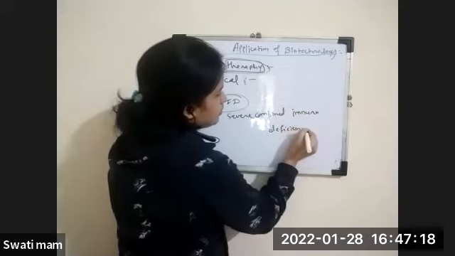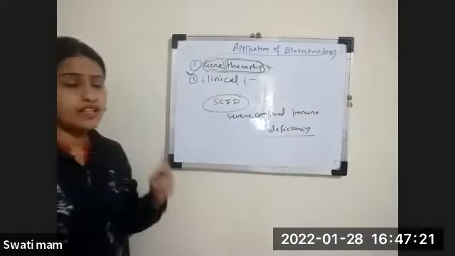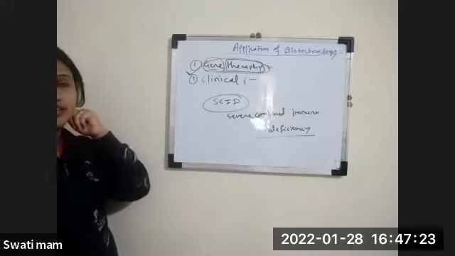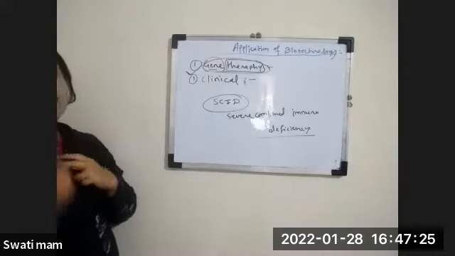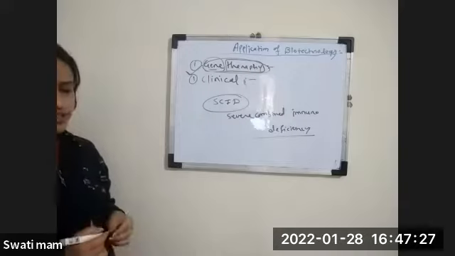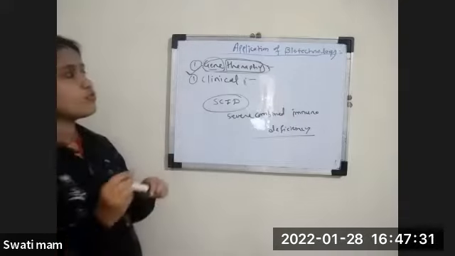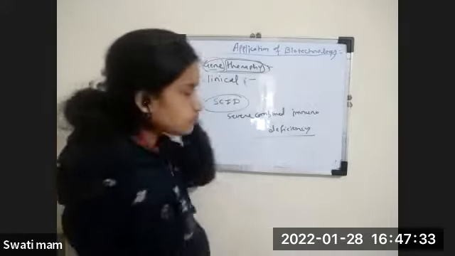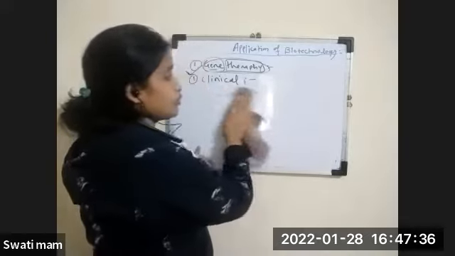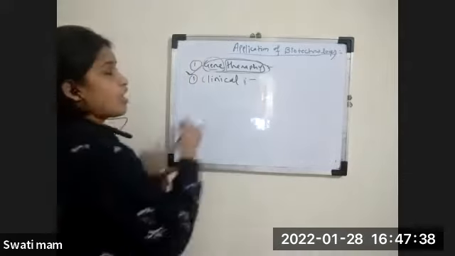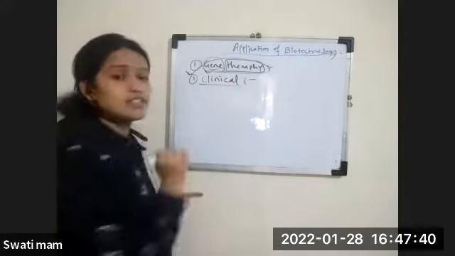So it is one of the diseases. SCID is severe combined immunodeficiency disease. So what happens in that disease? For example, see, how does gene therapy help in this clinical format?